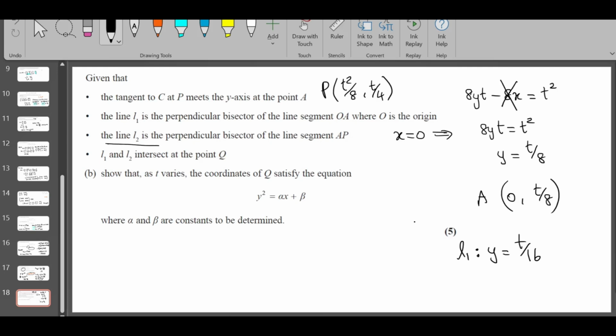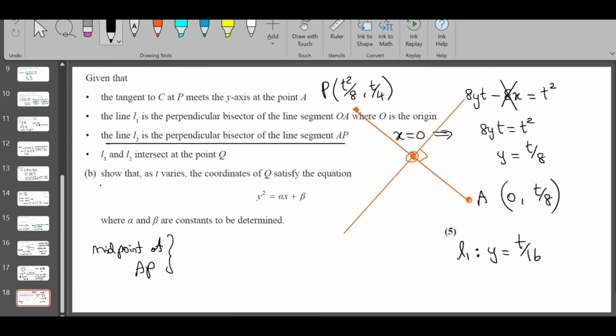Now to find the equation of L2, because L2 is a perpendicular bisector of these 2 points P and A, you need the midpoint of AP. Midpoint of AP is x2 plus x1 by 2, y2 plus y1 over 2.